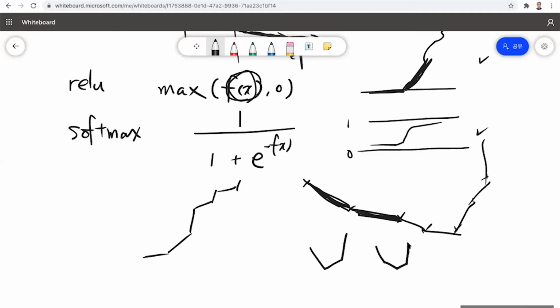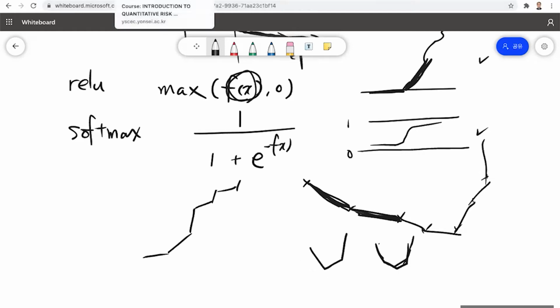And as you go deeper and deeper into the model, it will look like a function like this one. So maybe that's one way I can explain why ReLU is nice.